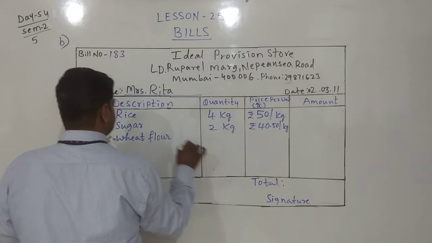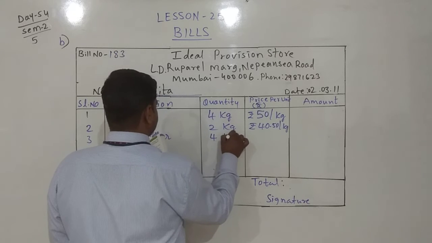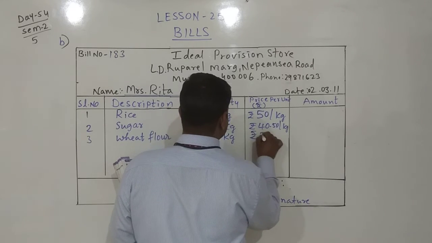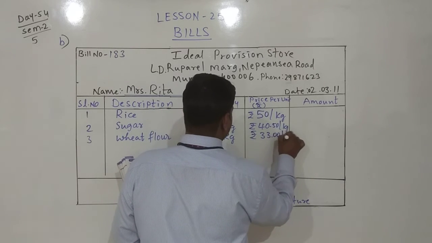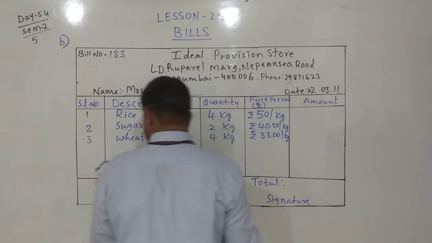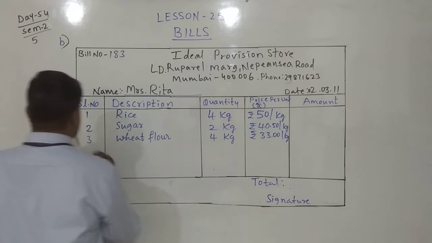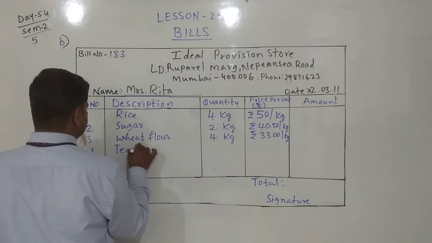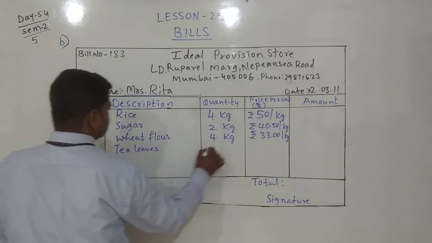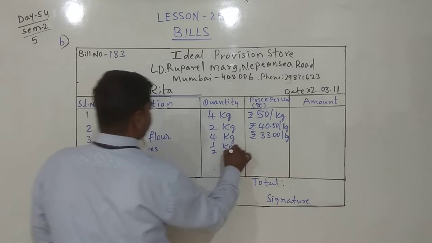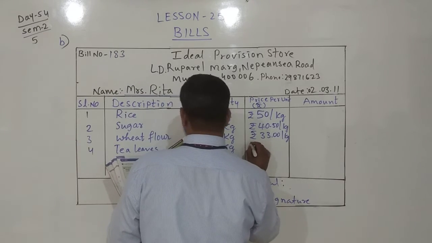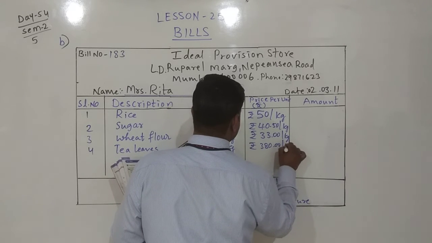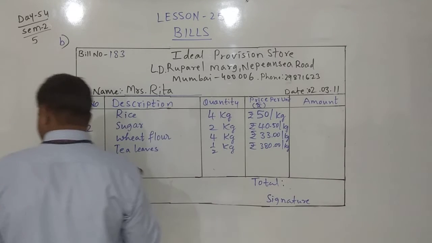Yes, the cost for 1 kg is 33.00 per kg. Yes, next, half kg of tea leaves. Per kg cost is 380 rupees per kg. Next, what did she purchase?